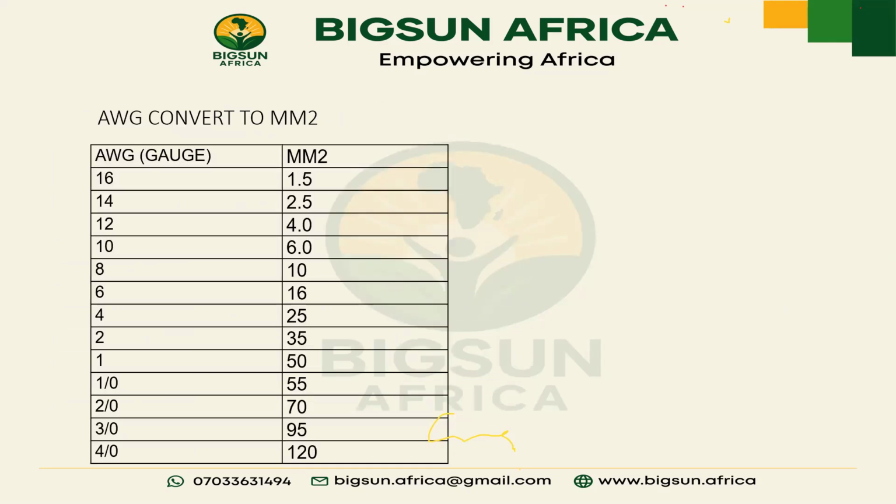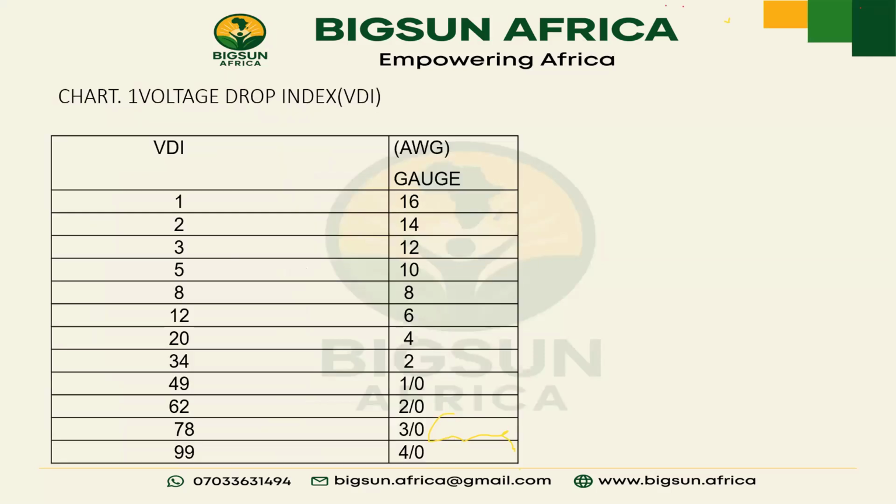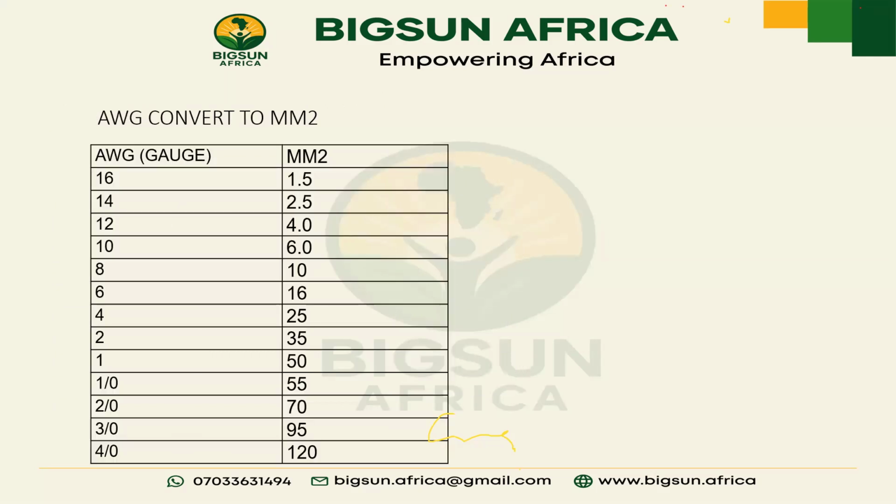So we are going to make use of these two charts as we proceed. Our VDI is 3, right? And 3 is equivalent to 12 AWG. Now, in the AWG to mm square chart, 12 AWG is equivalent to 4 mm wire.